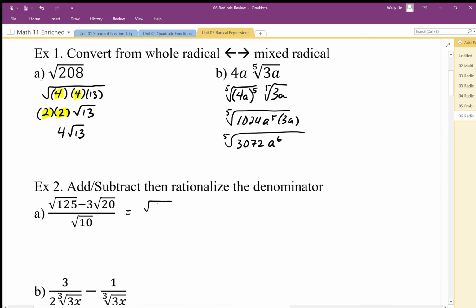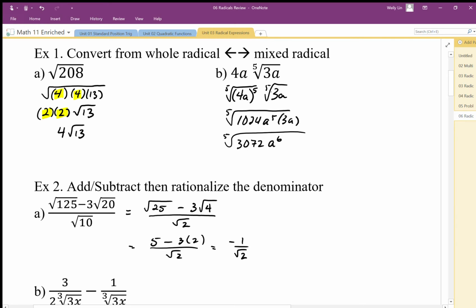We end up with square root 25 minus 3 times 4, all over square root 2. Now notice that we're just left with those perfect squares, so that makes it nice and easy. 5 minus 3 times 2, all over square root 2. So we end up with negative 1 over root 2.